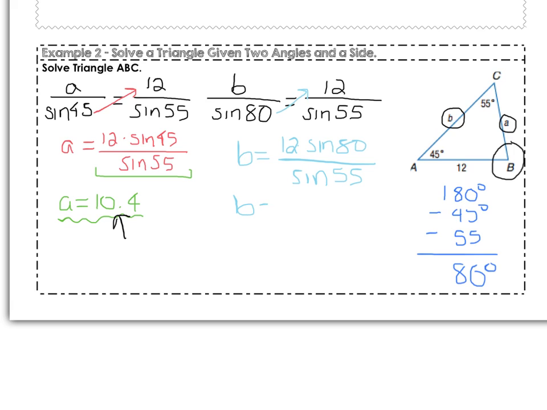Once again, watch how you're typing into your calculator, and you get that B is approximately 14.4 units. So here are our solutions. We have A is 10.4, B is 14.4, and angle B is 80 degrees.